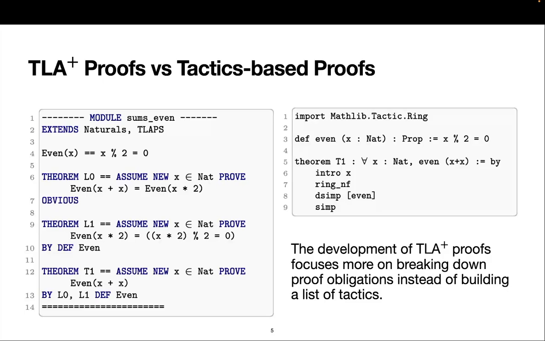But because of this difference in terms of the proof structure and construction, such methods that use LLMs as tactic generators cannot be directly and trivially applied to TLA plus proof automation. That is why we need a new strategy for doing TLA plus proof automation leveraging AI and LLMs.